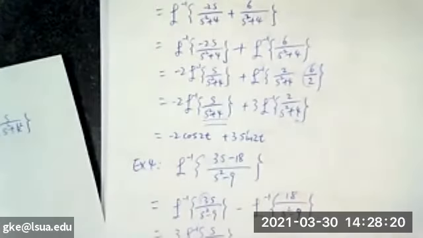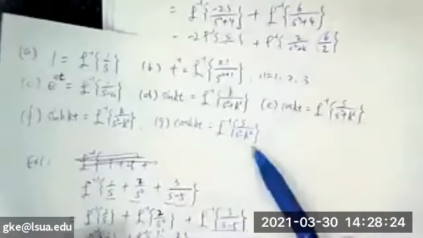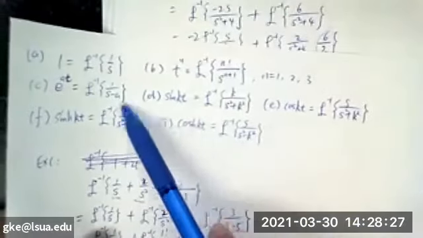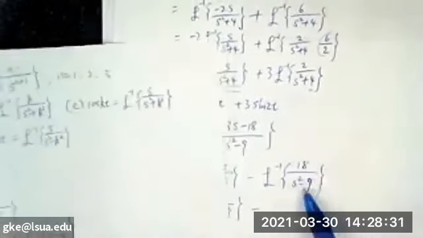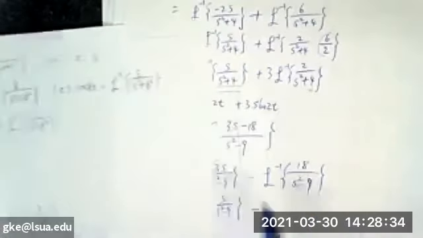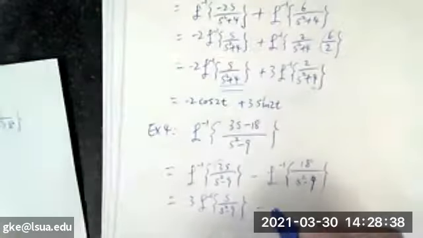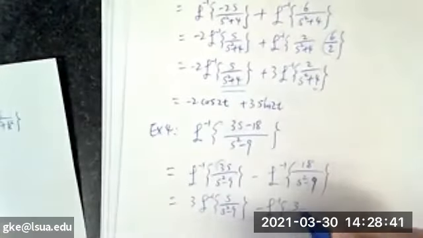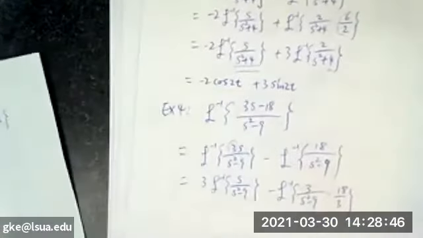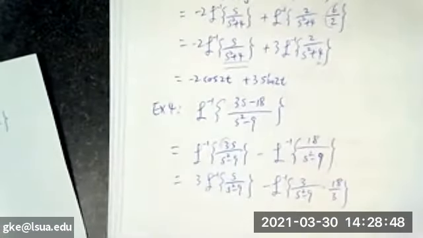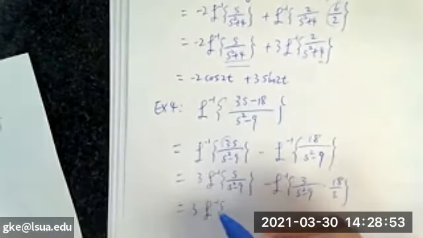And for this one, we can tell it's 18, and k is 3, so we need a 3 in the numerator. Just put a 3 there and divide by 3 here.